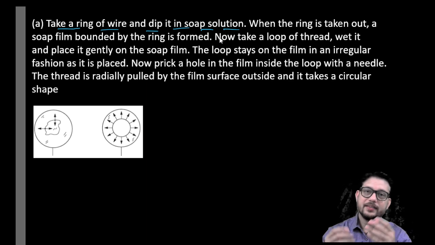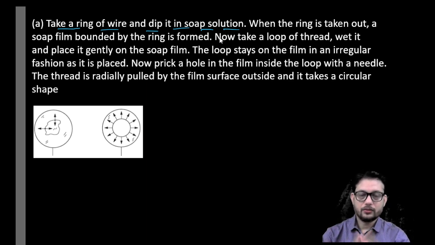We could take simple water, because water is also a fluid and it also has surface tension. That's why a mosquito can reside on the surface of water. If there were no surface tension, how could the mosquito stay on the surface of water? So why can't we take water in place of soap solution?